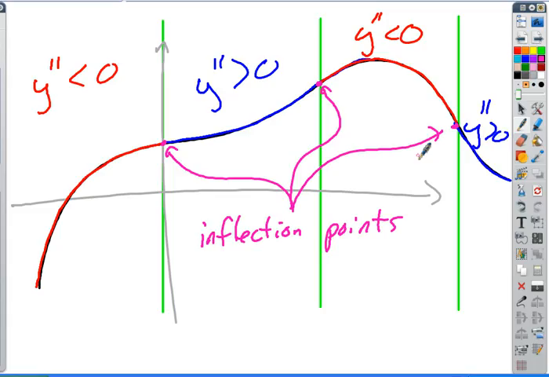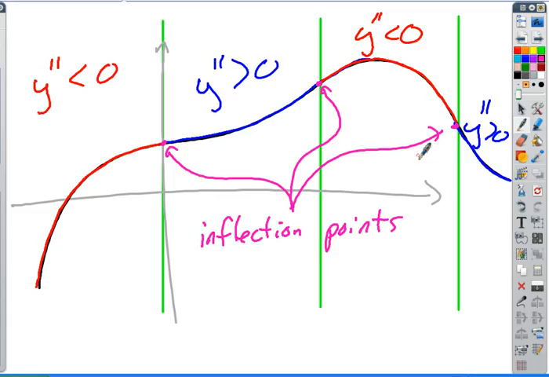Here the slope is changing in a nice smooth way, but if the slope were all of a sudden to change abruptly, it's kind of like where the graph of the first derivative would have a cusp.